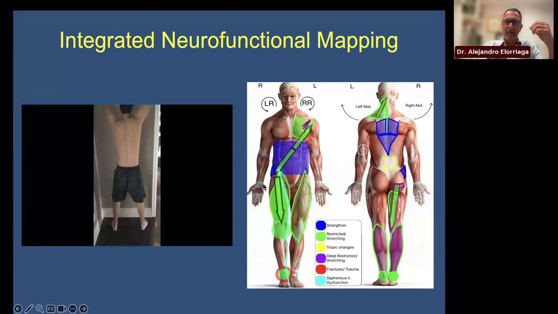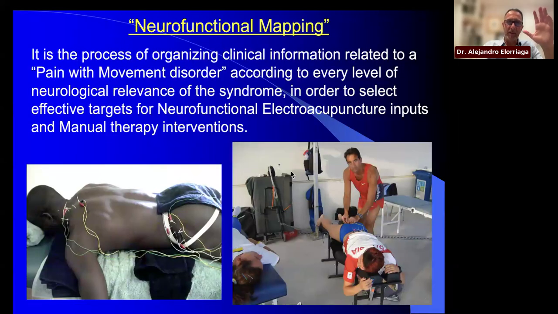Okay, then you have an area that could be weak, inhibited, etc. So this neurofunctional mapping is the process of organizing clinical information in pain with movement disorders according to all the levels of neurological relevance, plus the understanding of the movement mechanisms involved in force management.